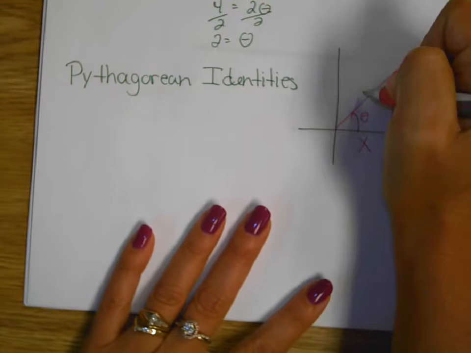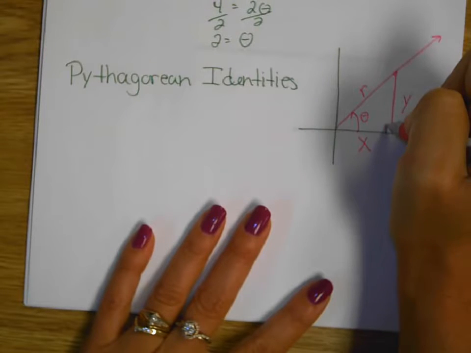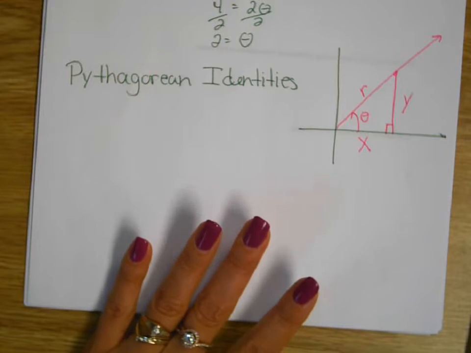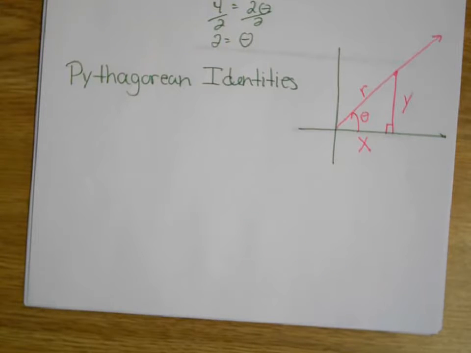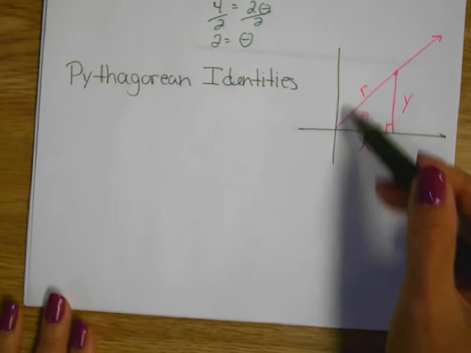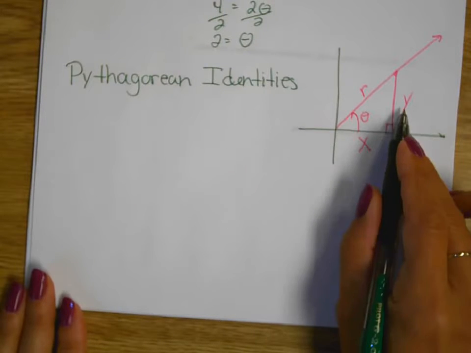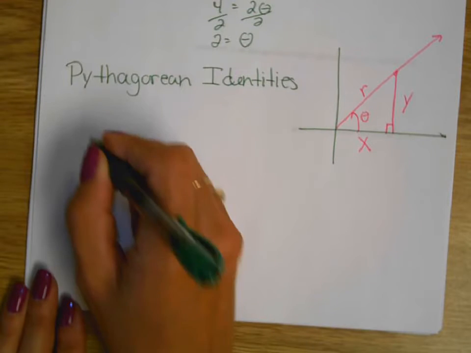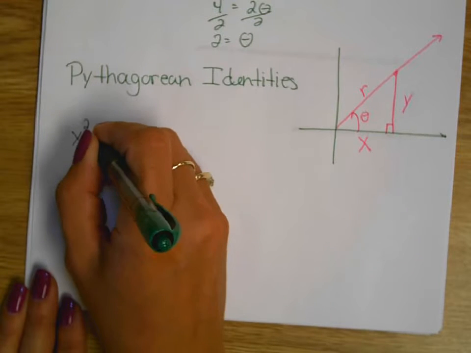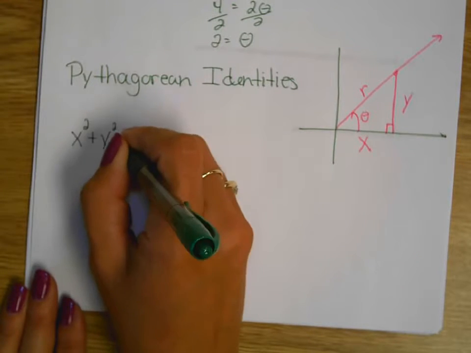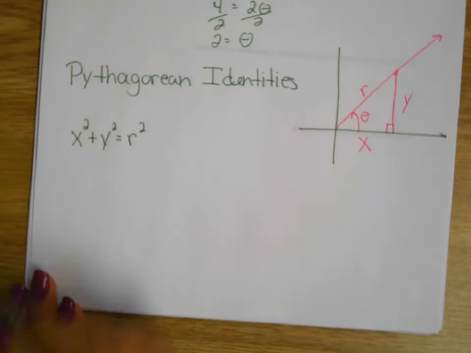X, Y, and R. There's going to be 3 Pythagorean identities because we start with Pythagorean theorem. So according to this triangle, the way we have it labeled, leg squared plus leg squared is going to equal hypotenuse squared. So we start with x squared plus y squared equals r squared.